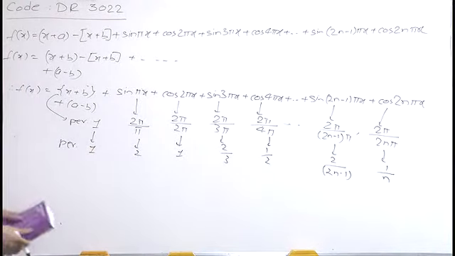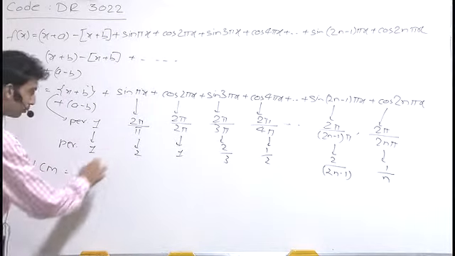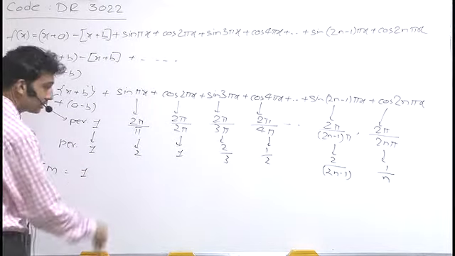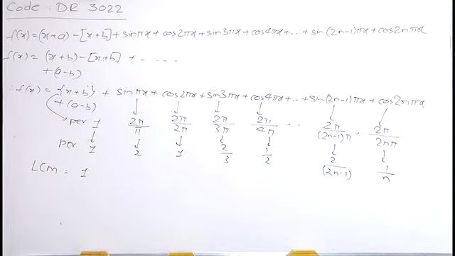In order to find the fundamental period of the given function f(x), we have to take the LCM of all of these periods. The LCM is equal to 1, because when we are taking the LCM of fractional terms, it must be taken as the LCM of numerators divided by the HCF of denominators.